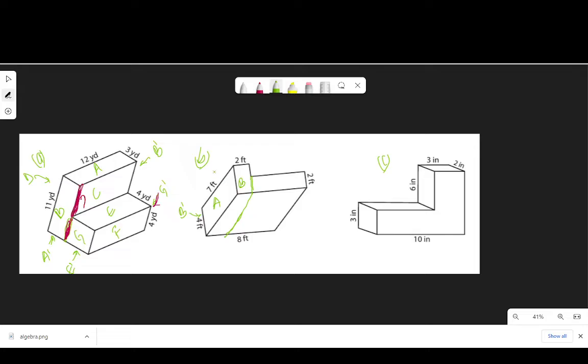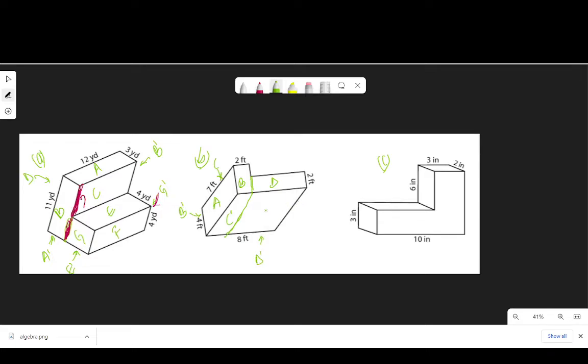Then there's a face up here, let's call it C, and it's the same face that we have here, let's call it C prime. Then let's call this D. We have exactly the same face hidden down here, let's call it D prime.